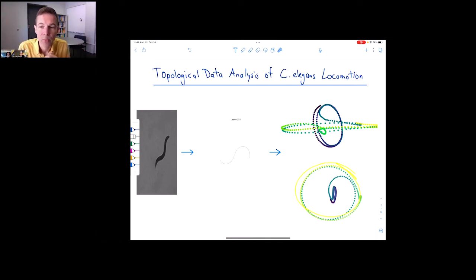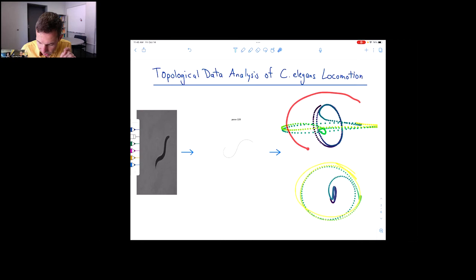So now we're in a very high dimensional space, and we can visualize what that point cloud looks like by projecting down to low dimensions with something like principal component analysis, PCA. On the right here, I have two PCA projections of the high dimensional point cloud corresponding to this video.